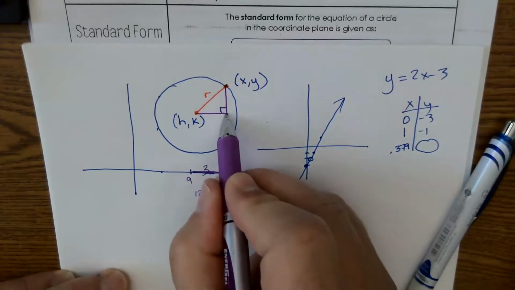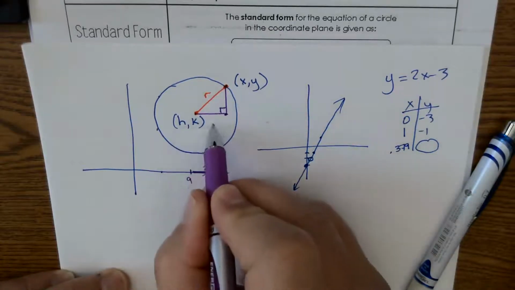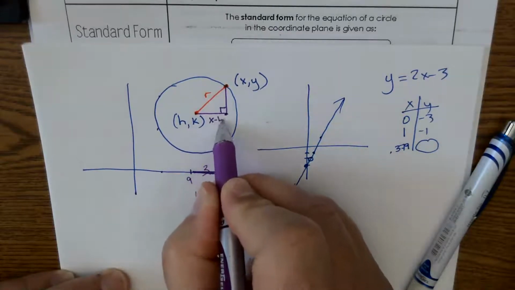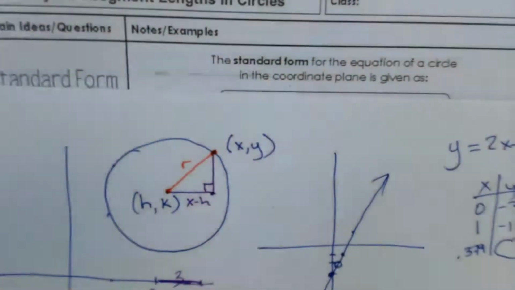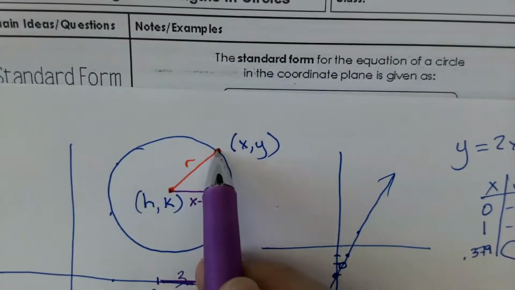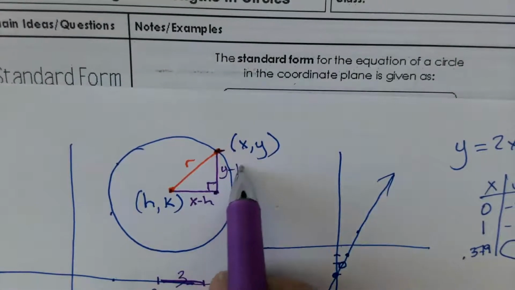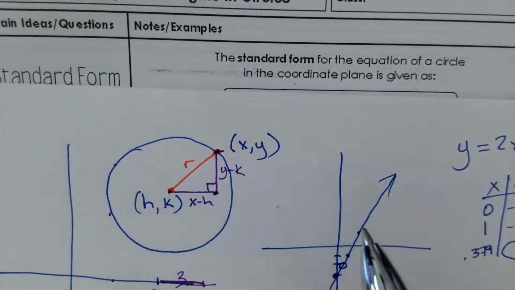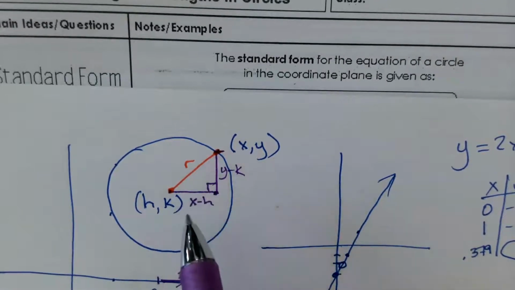So if this one is finishing at x and this one is at h, we can say that this length is x minus h. And we can do the same thing with this part up here. It's finishing at y and it's starting at k, so this is y minus k. And now I've got a right triangle with all three sides in terms of my variables.